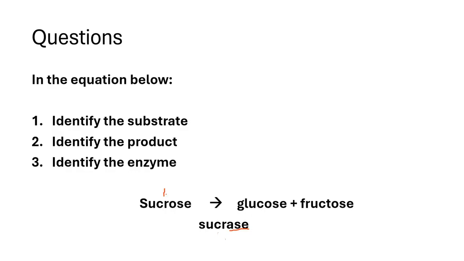So sucrase is the enzyme. And then glucose and fructose, both of them are the product. Okay, so sucrose gets broken down into a product of glucose and fructose, and that's being done with the assistance of our enzyme sucrase.